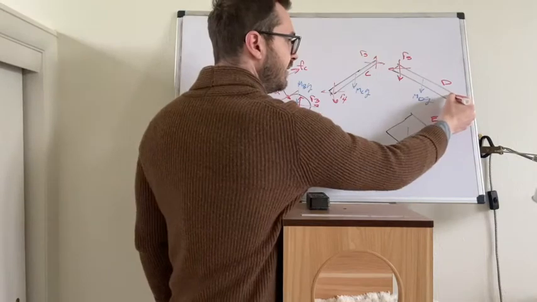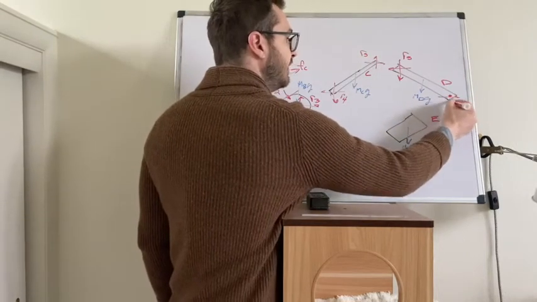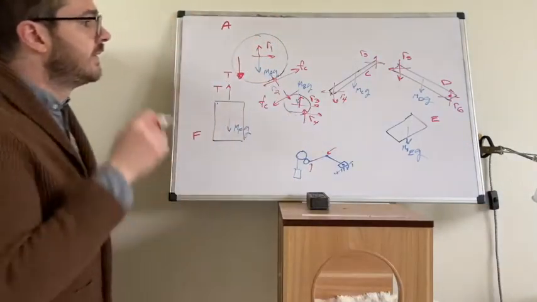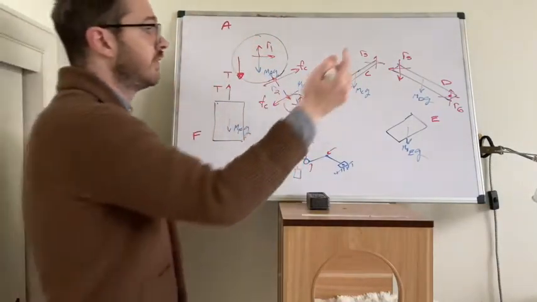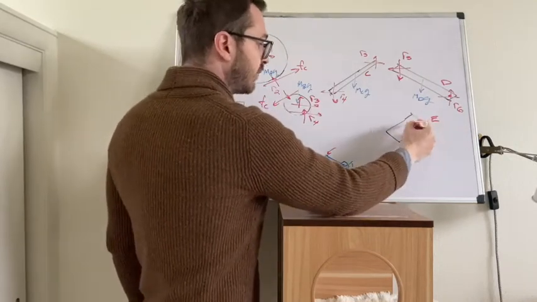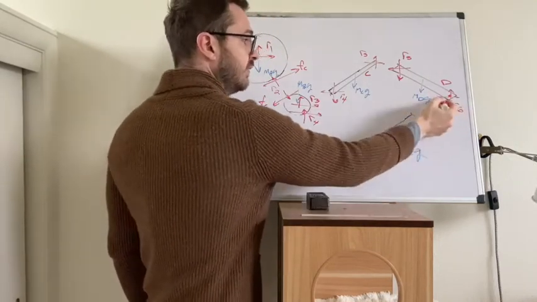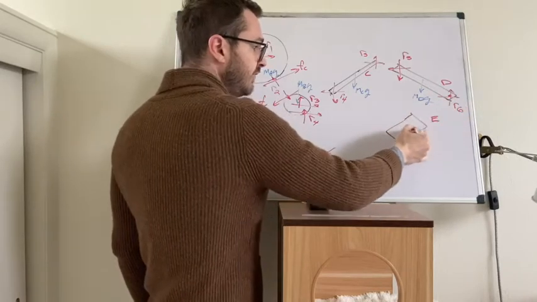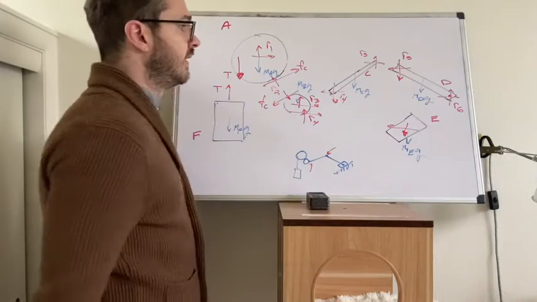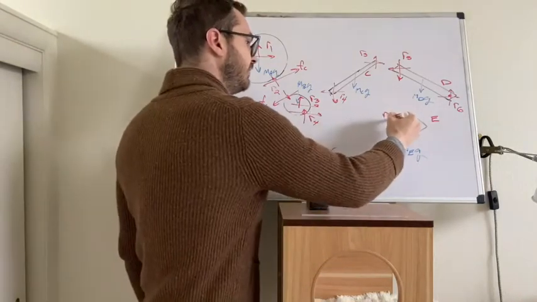We have another pin joint on the right side of D. That would make that R6. That pin joint on the right-hand side of D is shared with body E. It is right through the middle. We chose these to the right and up, so we choose these to the left and down. And that's going to be R6.